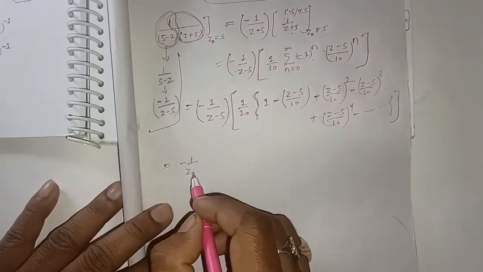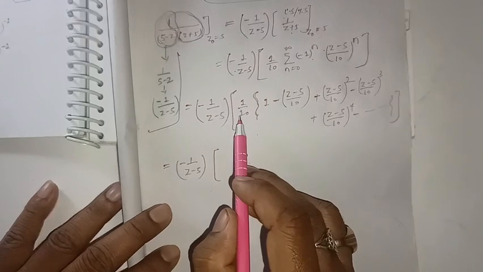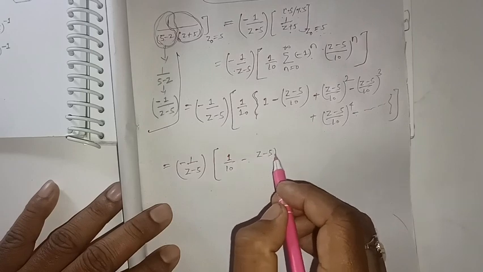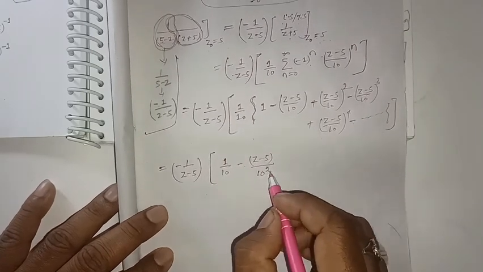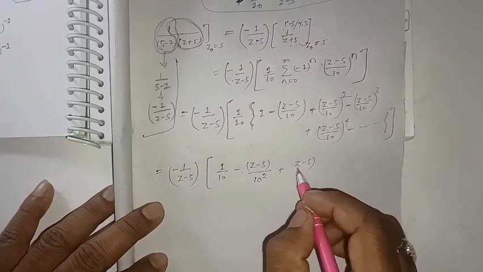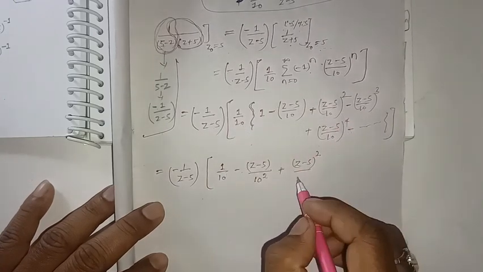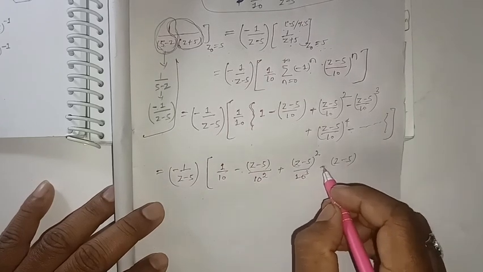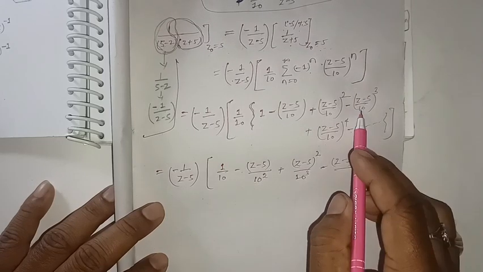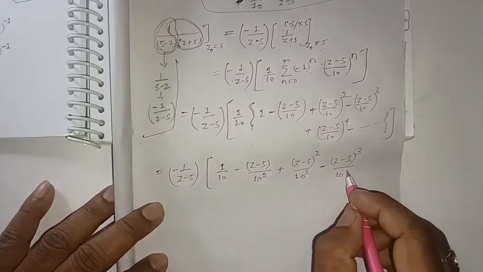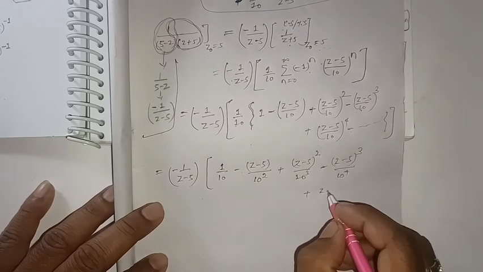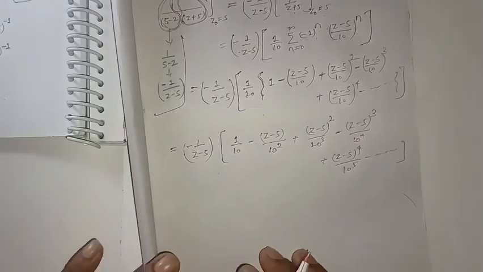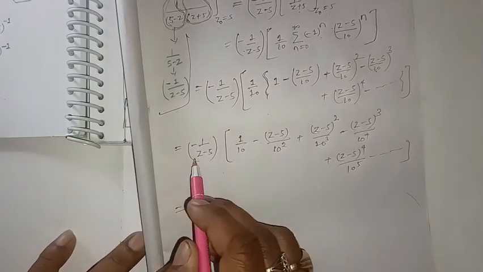So here minus 1 by z minus 5. If I multiply by 10, then it will be 1 by 10 minus z minus 5 by 10 to the power 2 plus z minus 5 square by 10 to the power 3 minus z minus 5 to the power 3 by 10 to the power 4, then plus z minus 5 to the power 4 by 10 to the power 5, minus, and so on. Right?